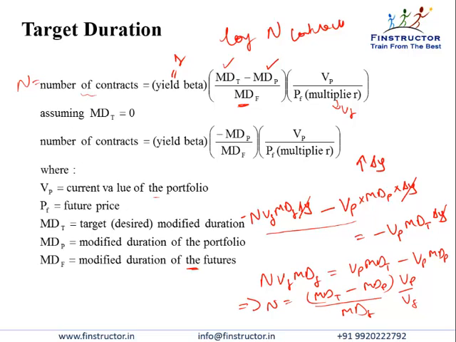Please note, in this question, if a yield beta was given, that is, yield beta is not equal to 1, it is 0.8 or 1.2 for instance. And remember, yield beta is the percentage change in spot or bond yields for a 1% change in futures yields.